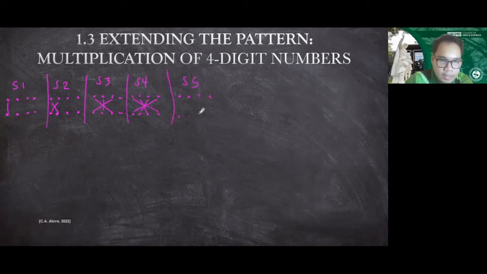Step five is similar to step three. So hundreds to ones, tens to tens, ones to hundreds. Step six is similar to step two. So we have tens to ones, ones to tens, and then step seven will be the last one, which is our vertical step, ones to ones.